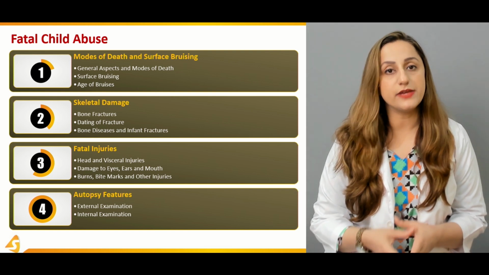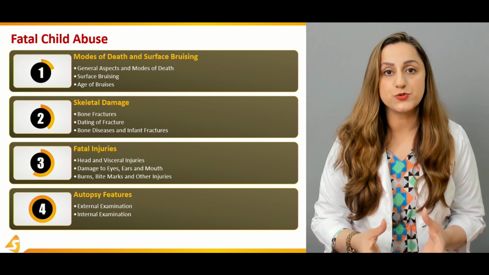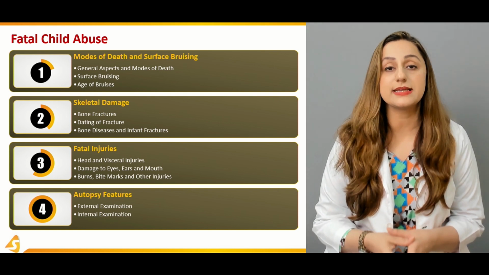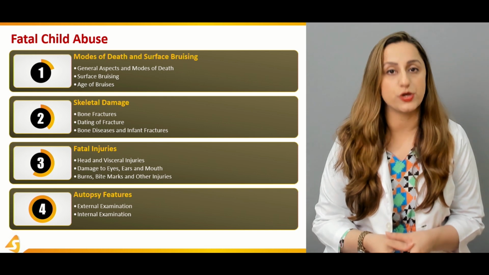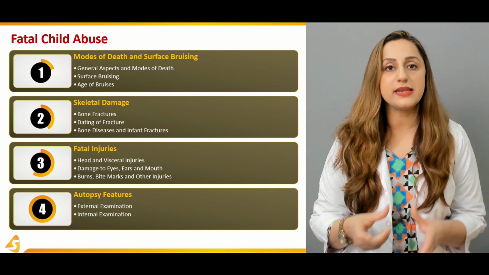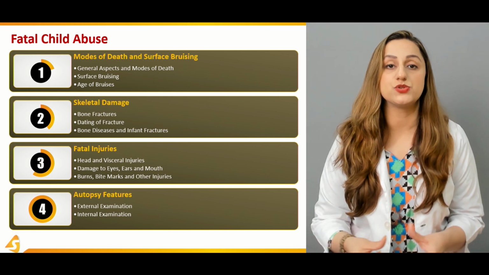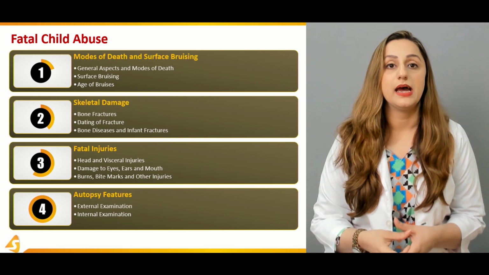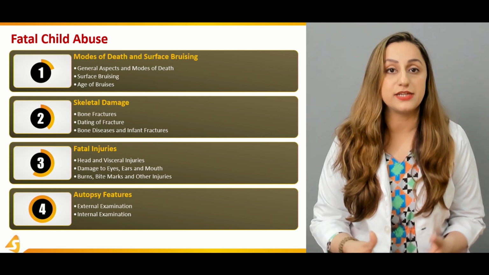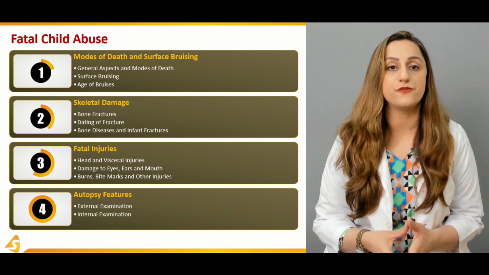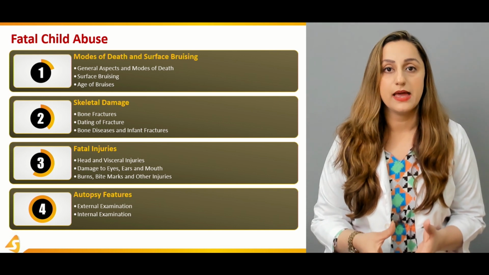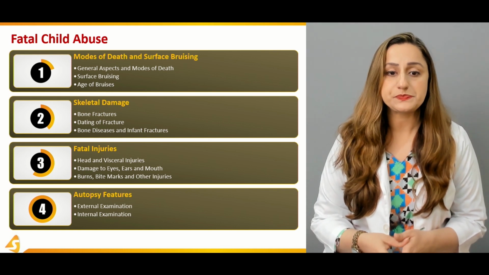These surface bruisings are also known as the six-penny bruises or the discoid bruises. The six-penny bruises, this name was given due to their shape and due to the digital pressure that is applied during the abuse, which leads to the formation of such bruises in child abuse.